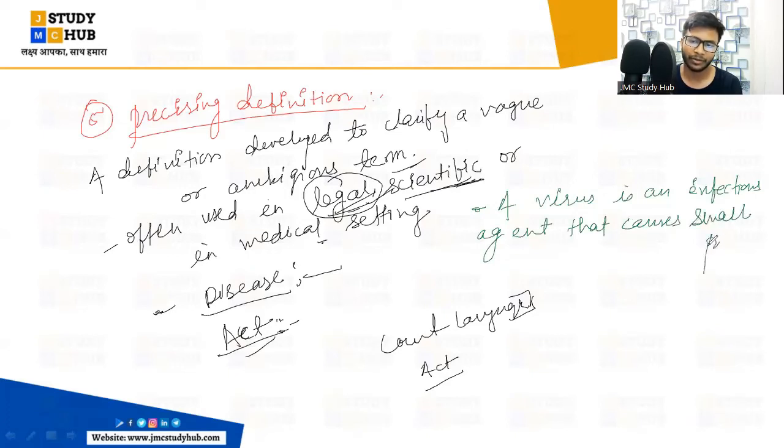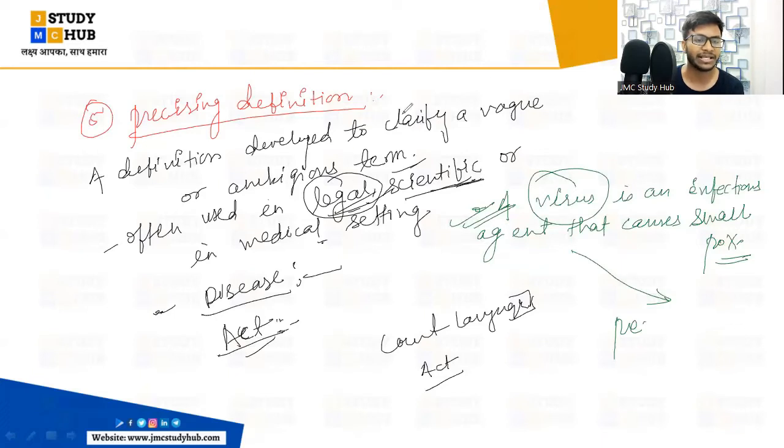Okay, so this definition is a precising definition, right? You have defined the virus in the medical sense, that it is an infectious agent that causes smallpox. Okay, is it clear everybody? Yes, very good.